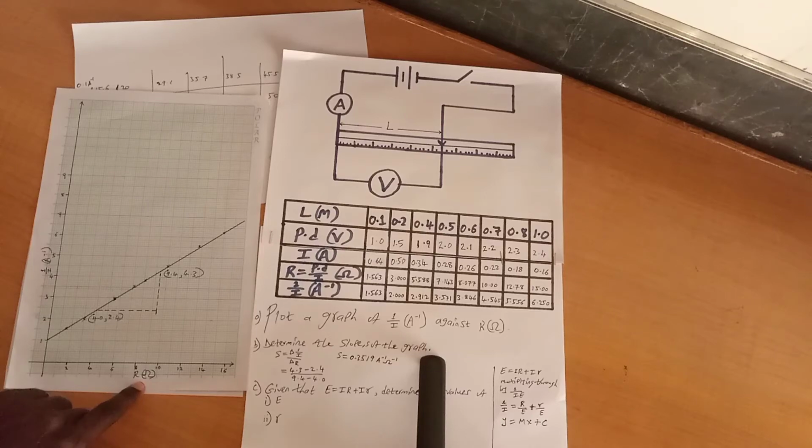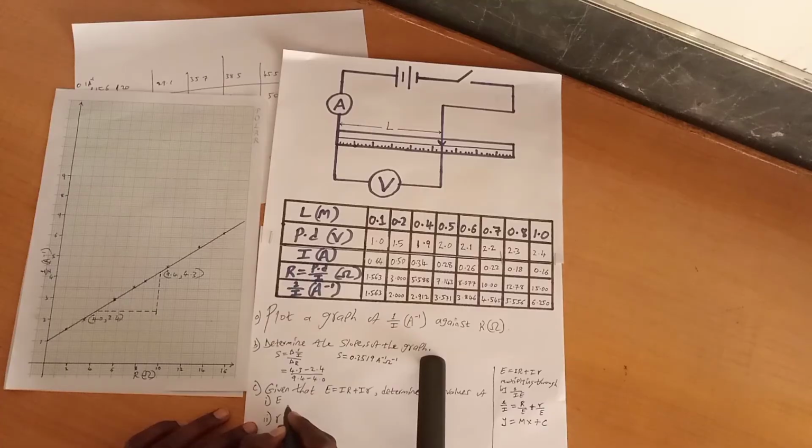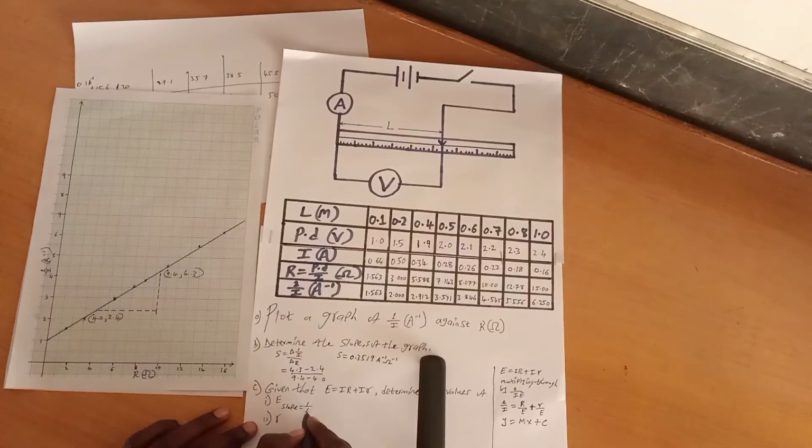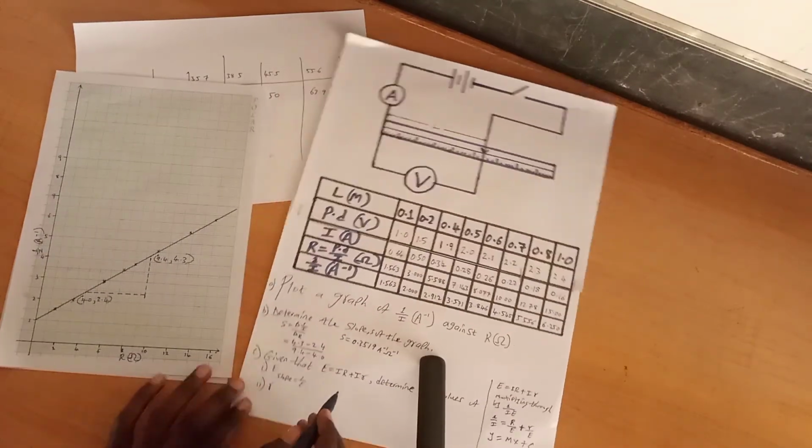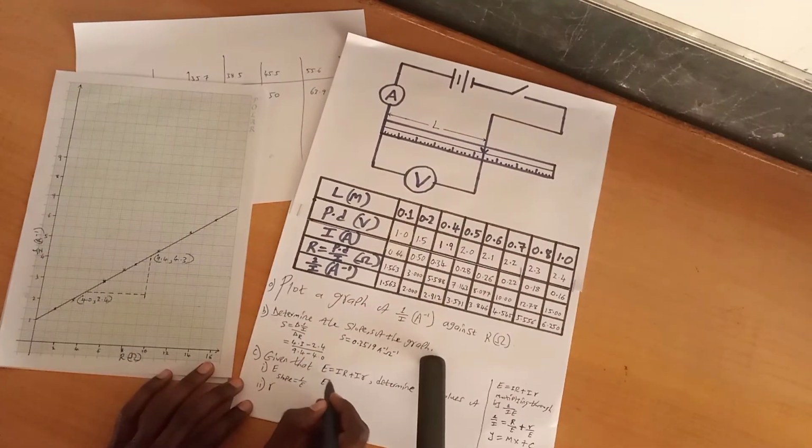That means the slope represents 1 over EMF, because 1 over E times R is the same as mx, where x is the R. So EMF is equal to 1 over slope, finding the reciprocal on both sides.